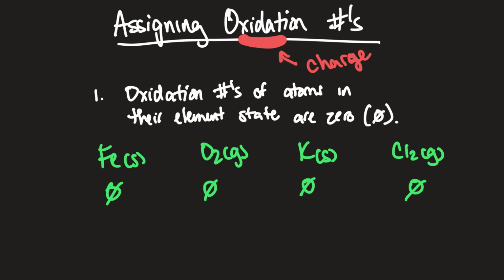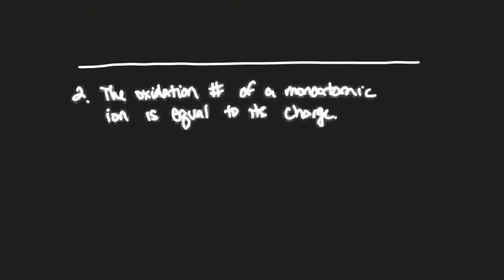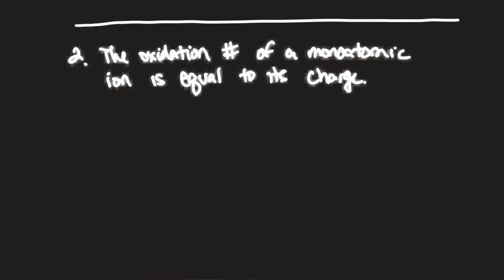Okay, now let's say we have an ion, a monatomic ion, so it's a single element. That atom is an ion, and its oxidation number is equal to its charge.